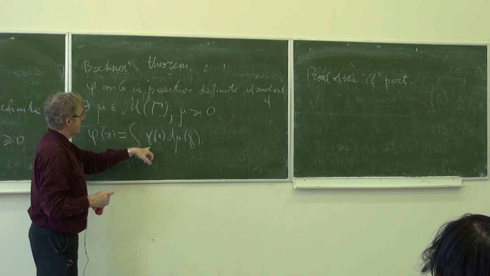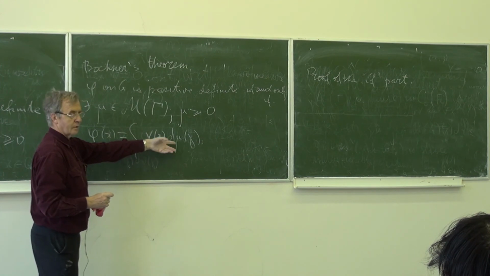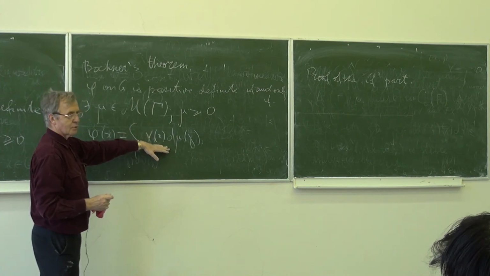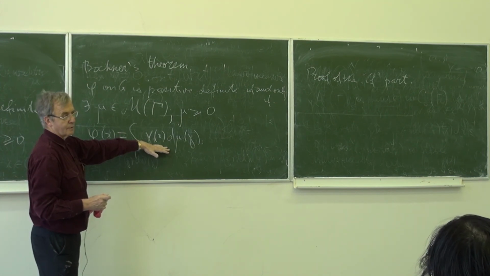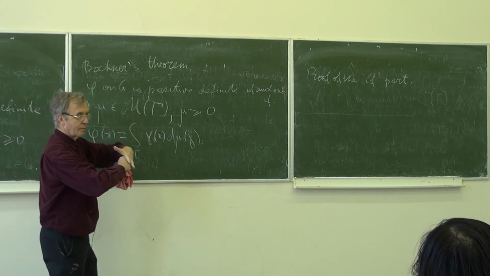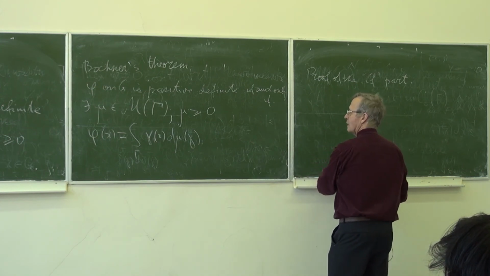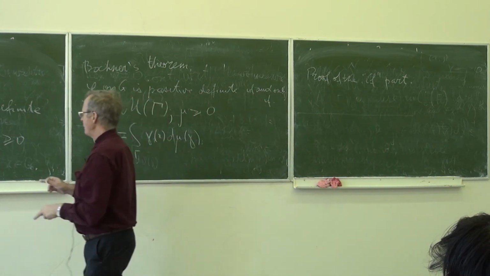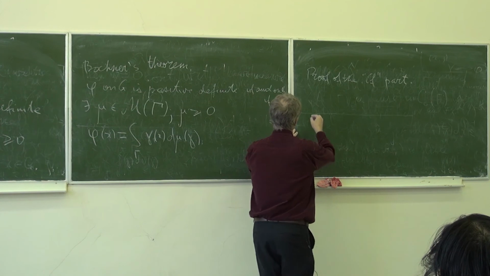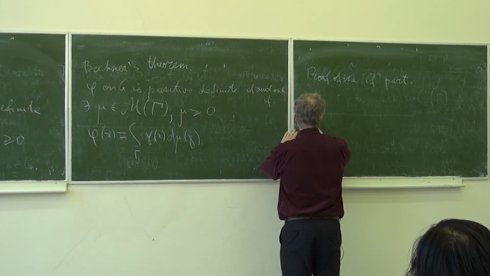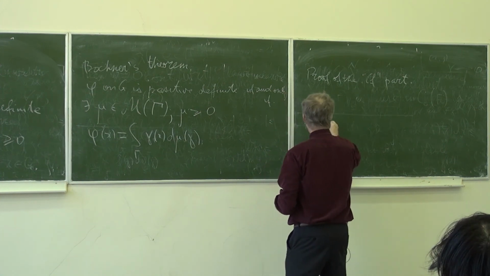The fact that this is continuous in x is quite easy because this is a continuous function when we integrate. Simply, limit passage under the integral sign follows from the Lebesgue dominated convergence theorem because these functions are dominated by 1. So this is continuous, and let's verify this inequality. So the sum. I start with 1.